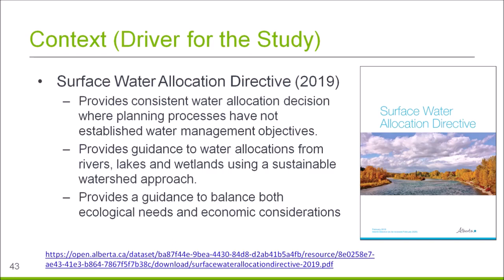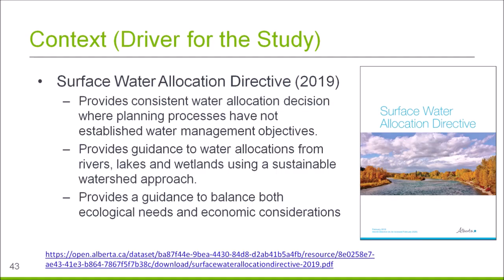It gives guidance on water allocation from rivers, lakes, and wetlands, using a sustainable watershed approach, so that we keep water for ecological needs. At the same time, we allow water to be used for economic development.